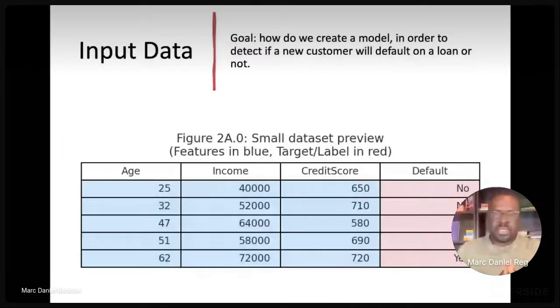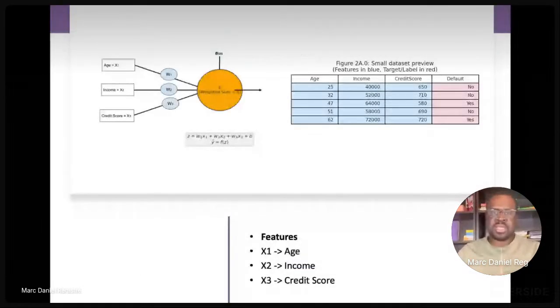We have enough to start knowing if new customers will default or not. Imagine that this table was 1 million rows. Okay, so we will build a model that can make predictions on this specific table. So now neurons. Okay, so this is just one neuron. Imagine a neuron.